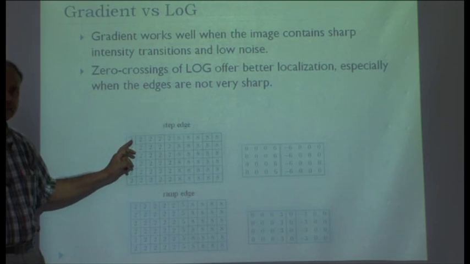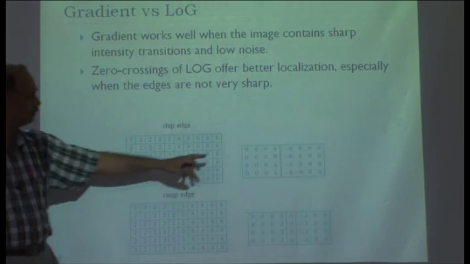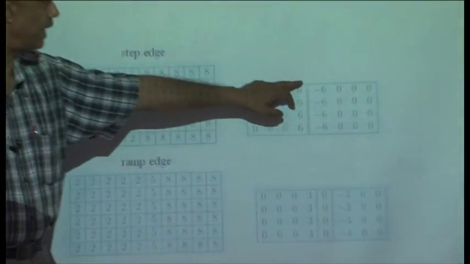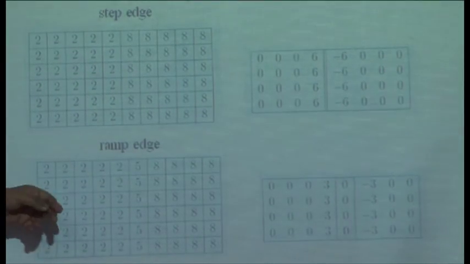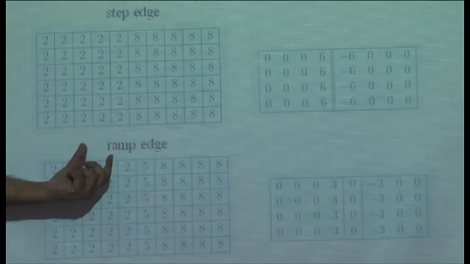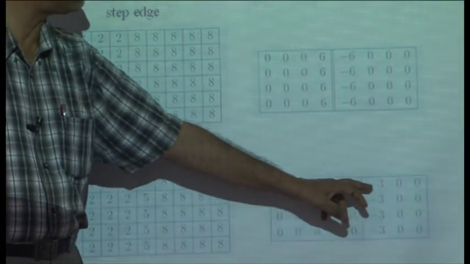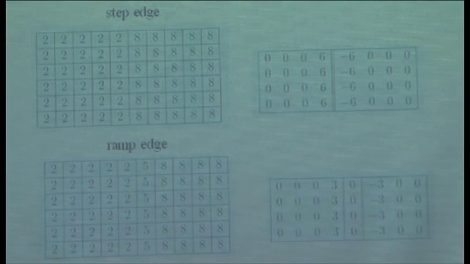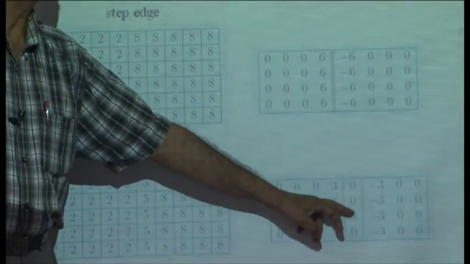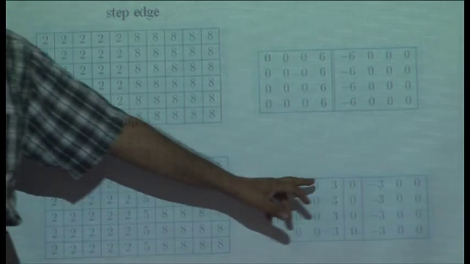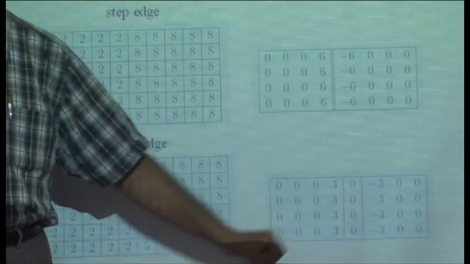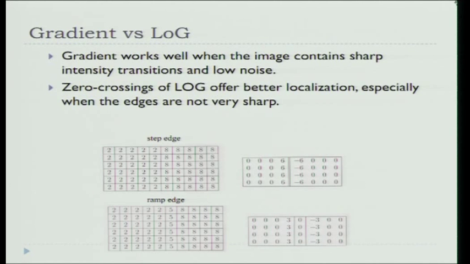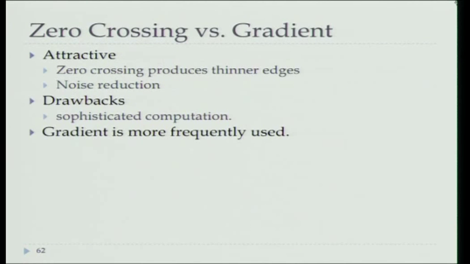Here it is a step edge, a sharp change from 2 to 8, and you straight away get 6, 6 and minus 6. But in the ramp image, your values will be 3, 0, minus 3, and you will not be able to detect straight away through the gradient method which one is your edge pixel. But through zero crossing, because this is the zero crossing area, you get your edge pixel point very easily.